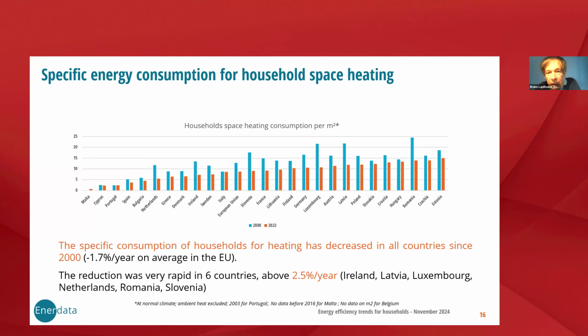Let's see some of these end uses to illustrate the trend in the indicator we are using, starting with space heating. The household space heating consumption per square meter, which is the indicator we are using to measure the energy efficiency trend for space heating, has been decreasing in all countries since 2000, and at EU level, the decrease has been around 1.7% per year.